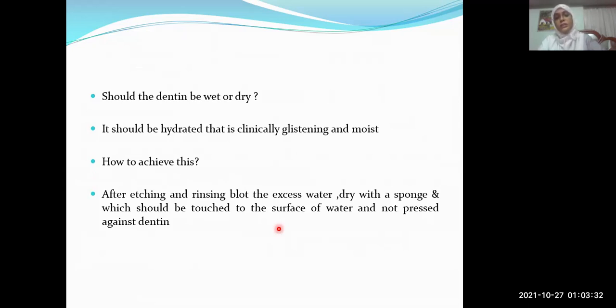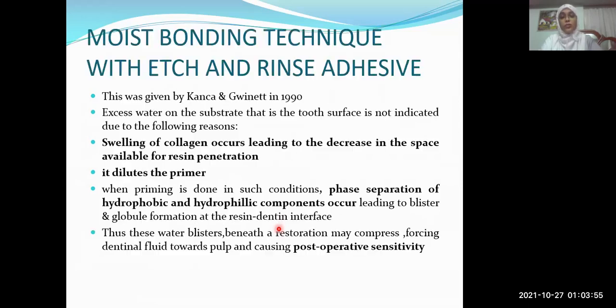The answer is that it should be hydrated, clinically glistening and moist, but not too wet. You have to just blot the excess water, dry it with a sponge, and just touch it to the surface of the tooth so that just the water is removed. You cannot blow, you cannot use a suction. You can't make it too dry.